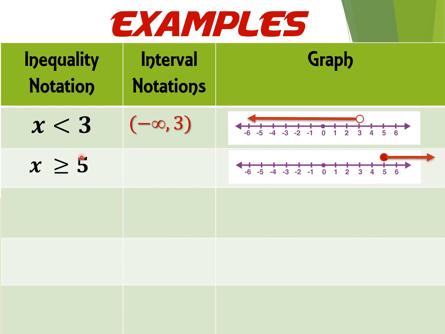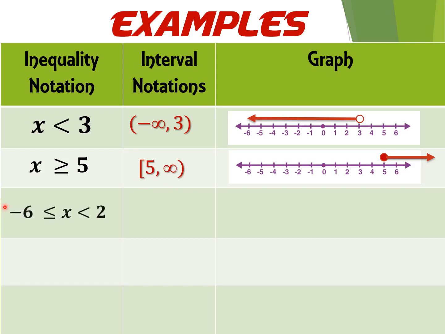To write it in interval notation, a closed circle indicates you're going to use the open bracket, and since this is an arrowhead pointing to the right, you're going to use positive infinity. So you will have open bracket 5, infinity, close parenthesis. I hope you can follow the discussion.